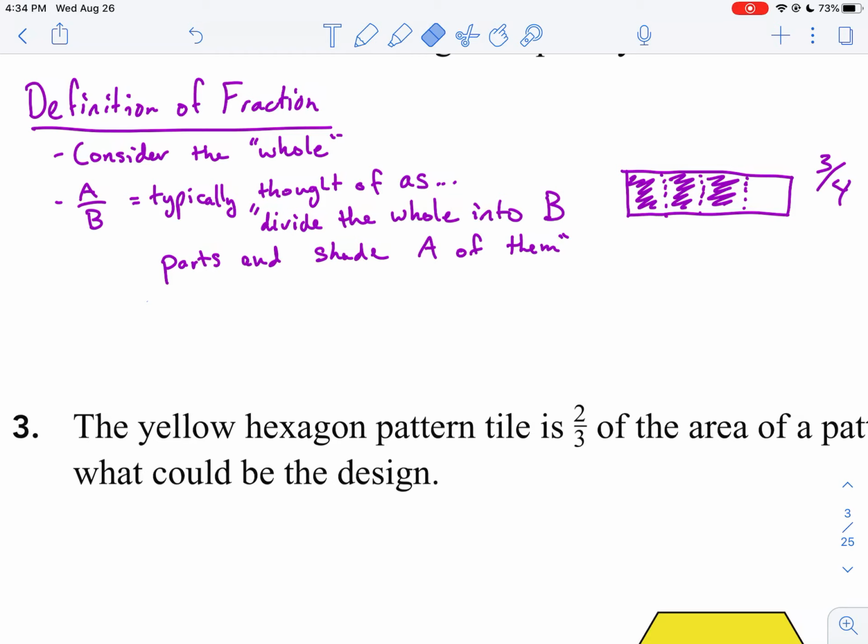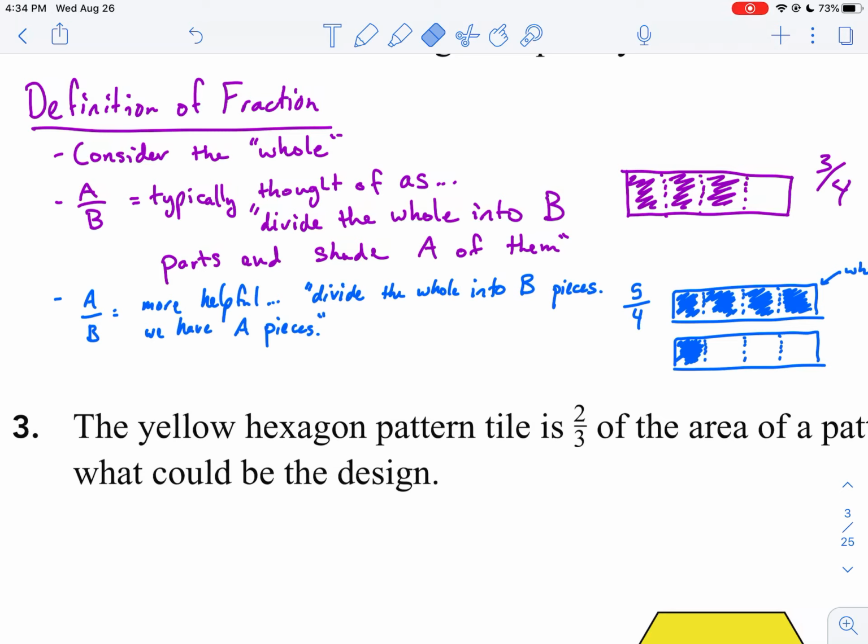And that's fine, but I'd like to encourage you to tweak your thinking just a little bit. We're still going to divide the whole into B pieces, but instead of thinking about shading a certain number of those pieces, we're going to say we have A pieces total. And this works better if we have something like the number 5/4.